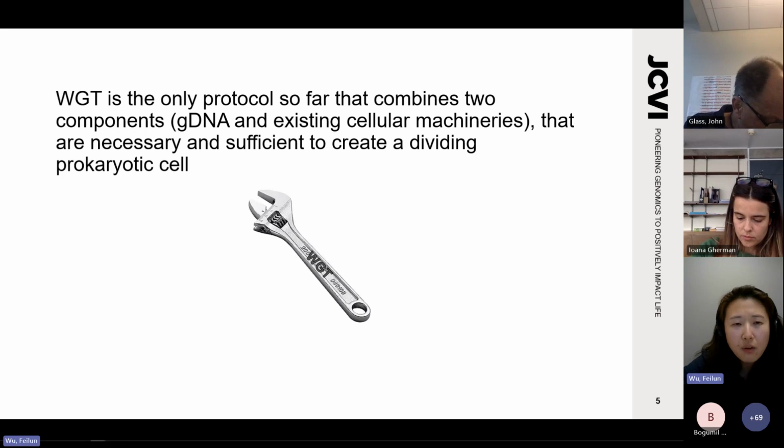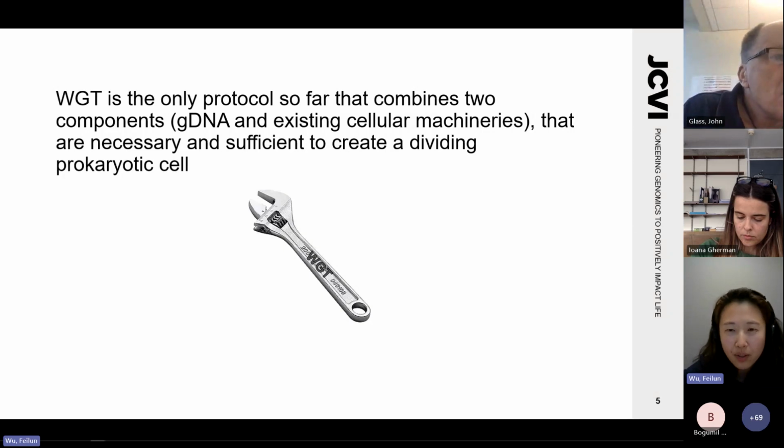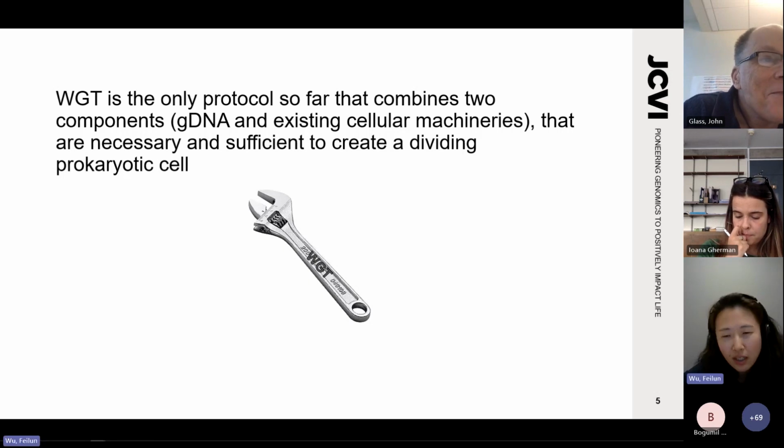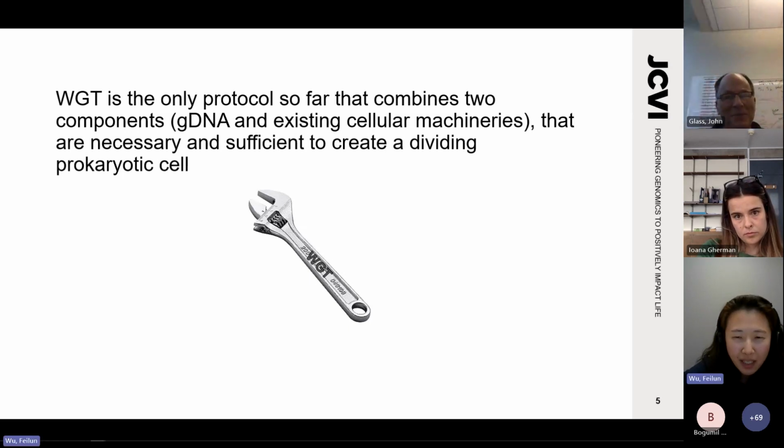So now we have this extremely powerful and unique tool to integrate two components of the cellular machine. The natural next question is, how much can we break the cell and still be able to put it back?